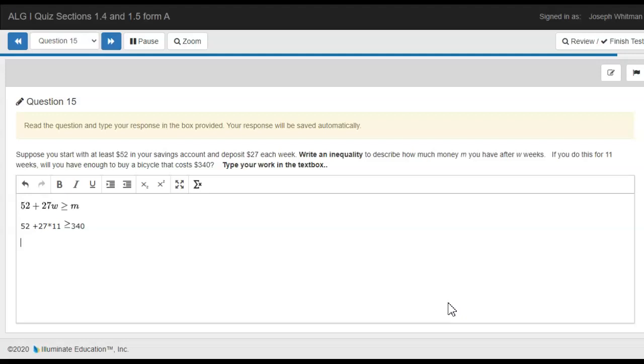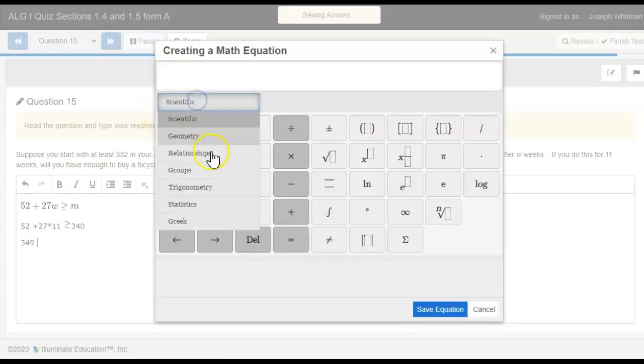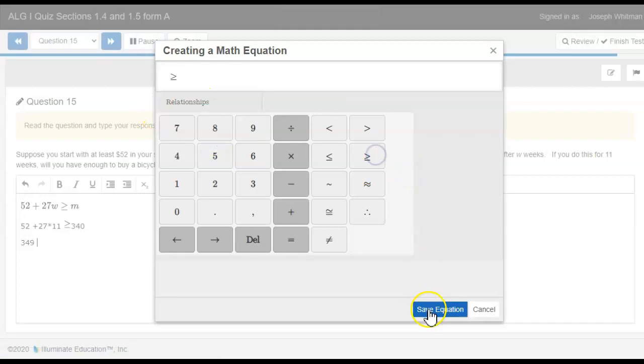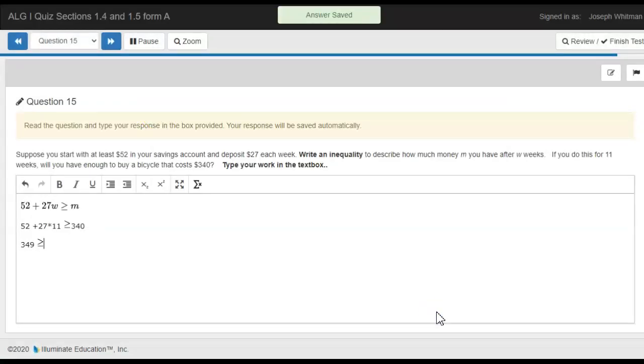Plus 52, you end up with 349 being greater than. So I can come back in here, pull up the sign, greater than 340. So if you do this for 11 weeks, will you have enough money? Yes, you will have enough money to buy the bike.